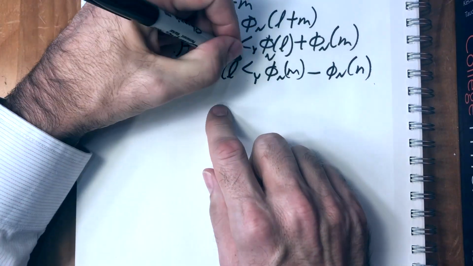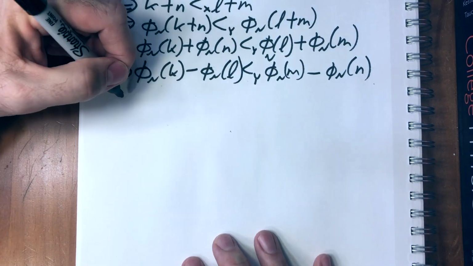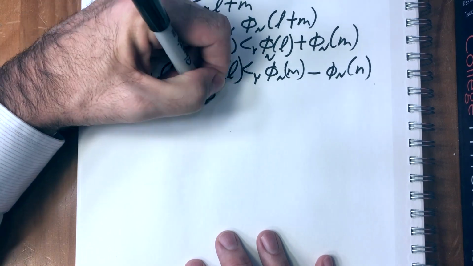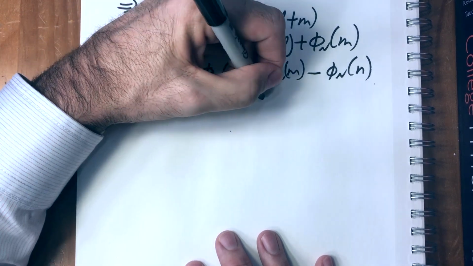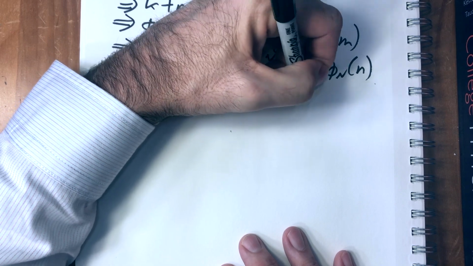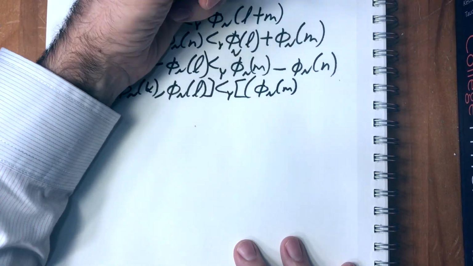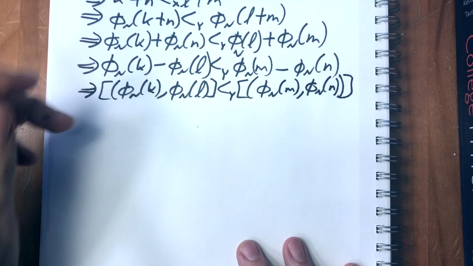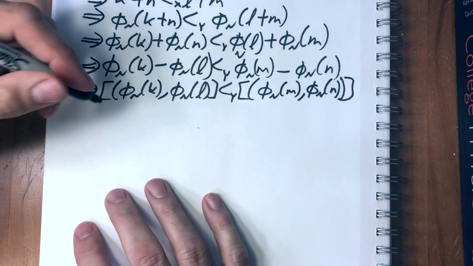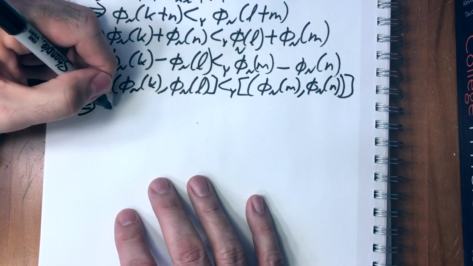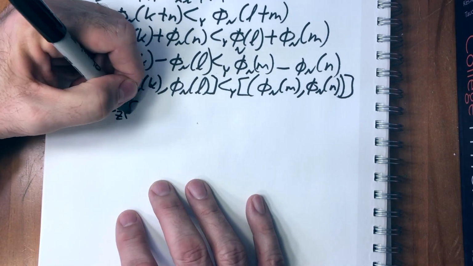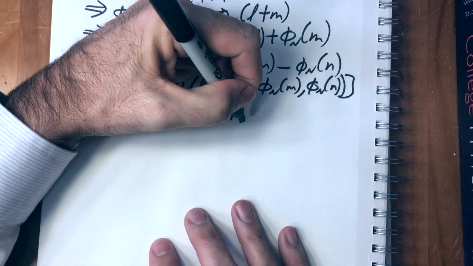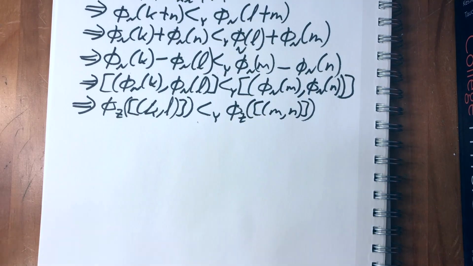Now we just apply the definition of an integer, and we have that this equals phi n of k comma phi n of L is less than phi n of M, phi n of n. This is the definition of our new map, phi of z. So this, we can just rewrite this as phi of z of KL is less than phi of z of mn. And that was what we wanted to show.